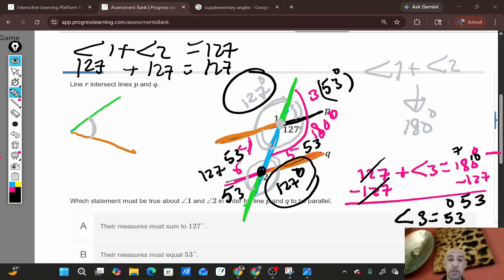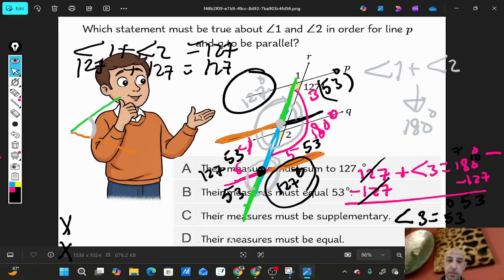Of course not. Do you think their measures must be equal to 53? So their measures must be equal to 53. Do you think the 1 is equal 53 or 2 equal 53? Of course, this is not the right option. So option A is not right and option B is not right.